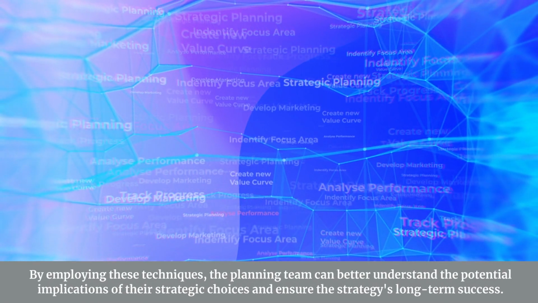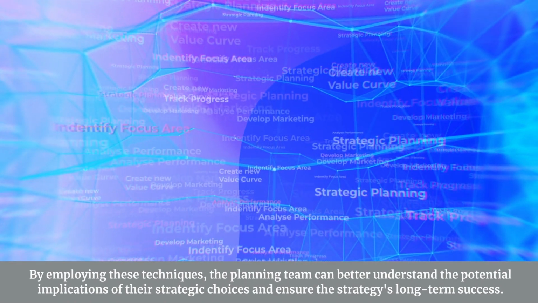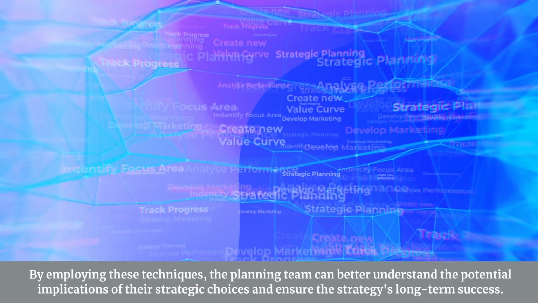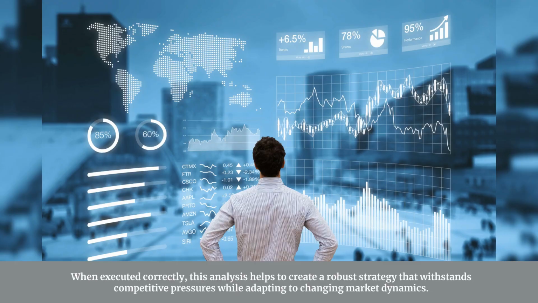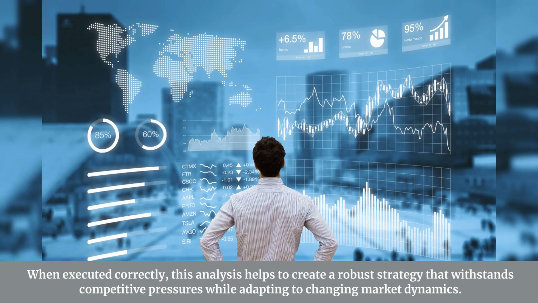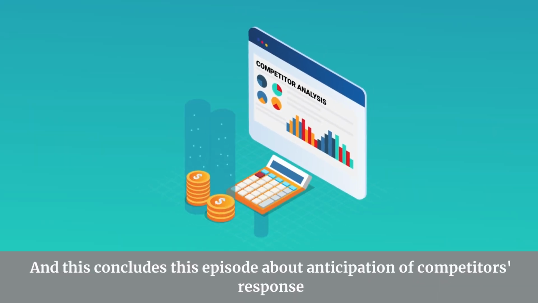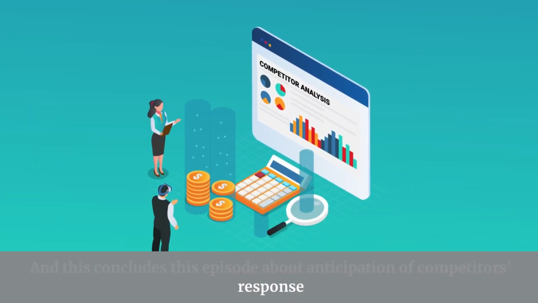By employing these techniques, the planning team can better understand the potential implications of their strategic choices and ensure the strategy's long-term success. When executed correctly, this analysis helps to create a robust strategy that withstands competitive pressures while adapting to changing market dynamics. And this concludes this episode about anticipation of competitors' response.